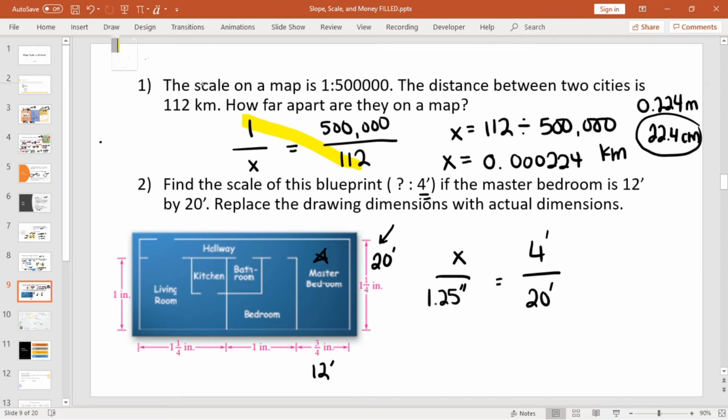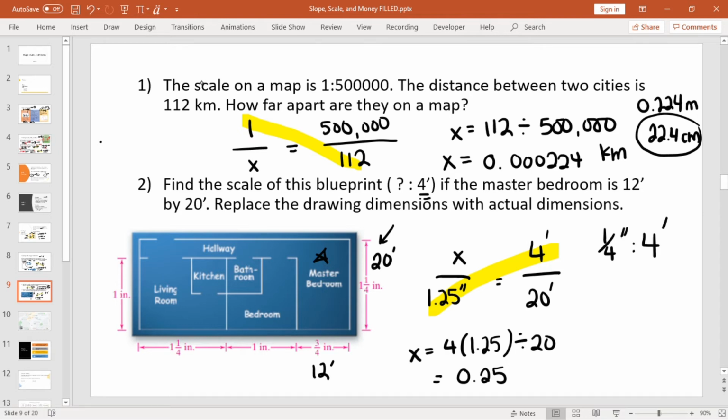So here's my multipliers. Now because I don't have a 1, don't drop anything. So x is going to be 4 times 1.25. And then you always divide by the leftover number. When you do that, that should give you 0.25. So basically, that means my scale is 0.25 inches, which is 1/4 inches, to 4 feet.